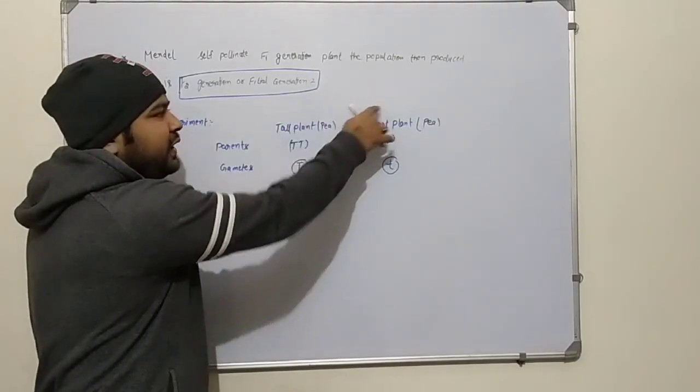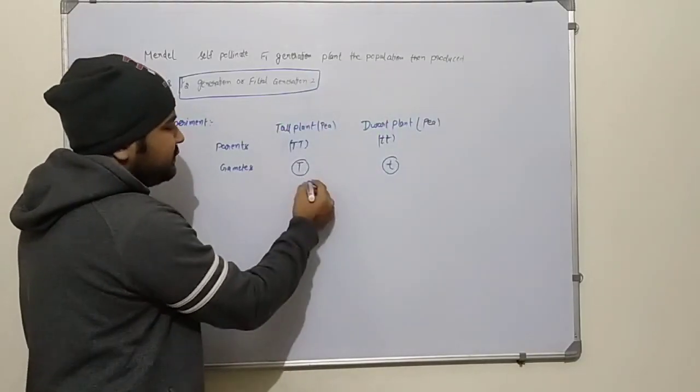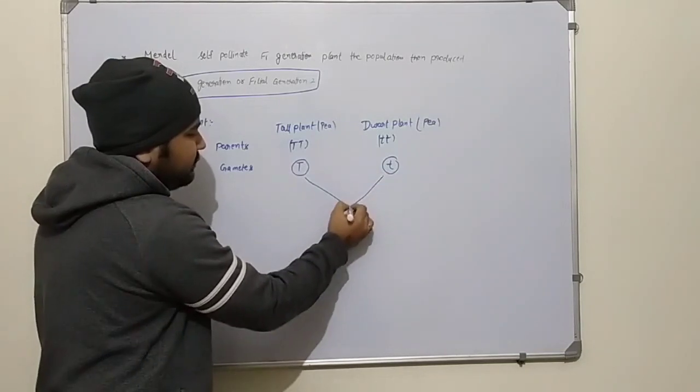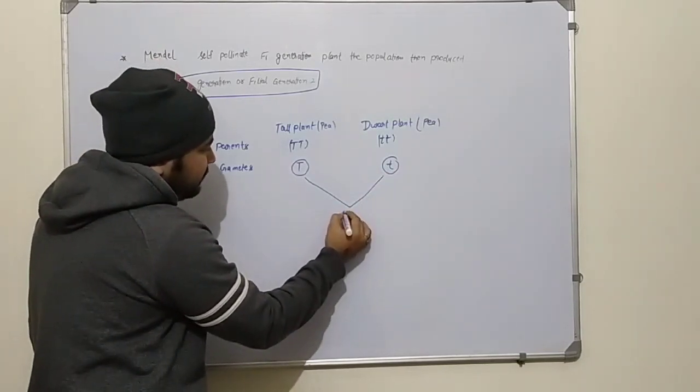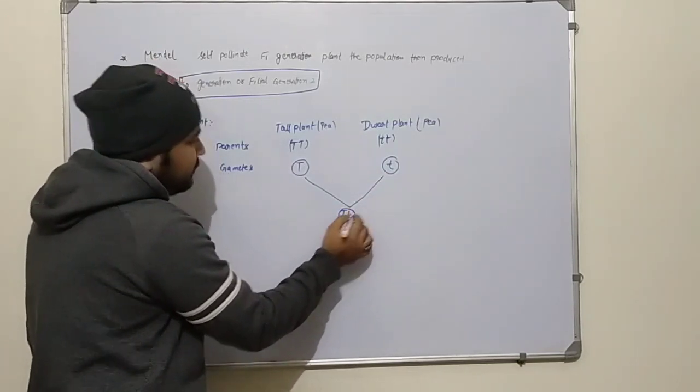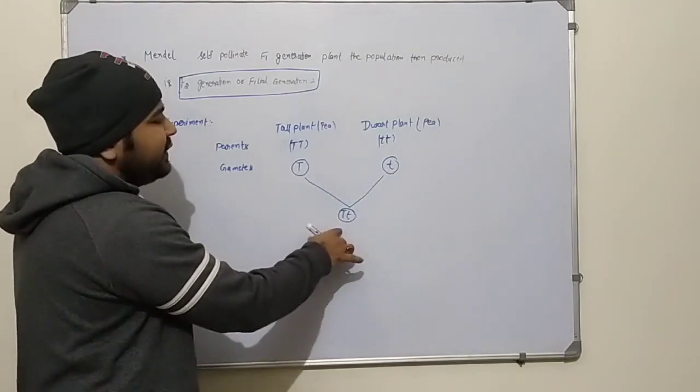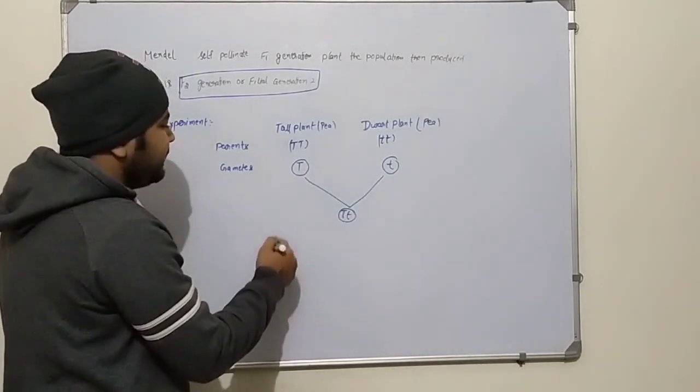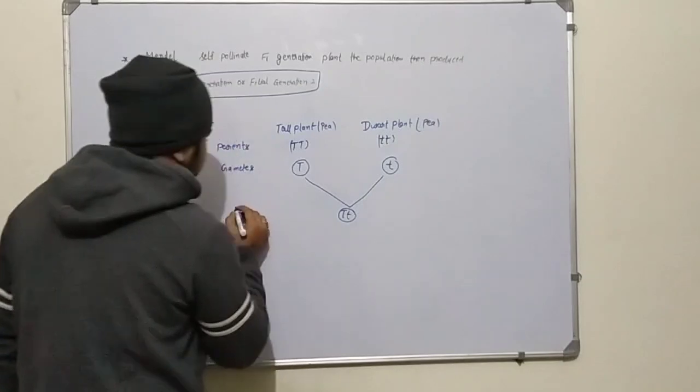When we cross-pollinate these two plants, the hybrid produced in this cross-pollination is called the F1 generation.